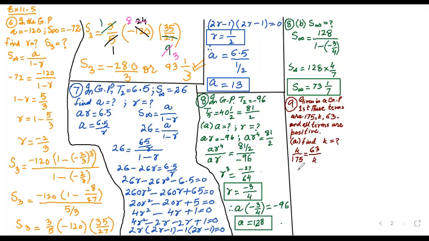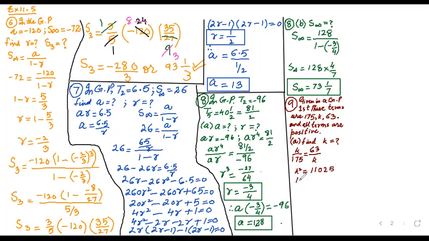So this will become k square is equal to 63 multiplied by 175, which will become equal to 11025.